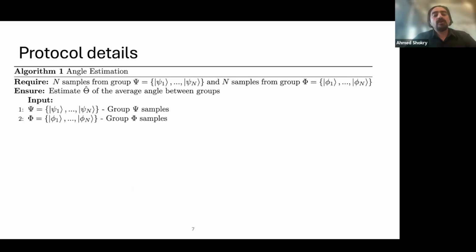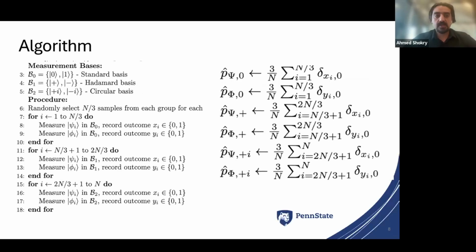Okay, so the verifier starts by sampling n samples from each group, psi and phi, and sends them to the prover. The prover responds with the embedding or encoding for each of the 2n states, and then the verifier measures those embeddings.